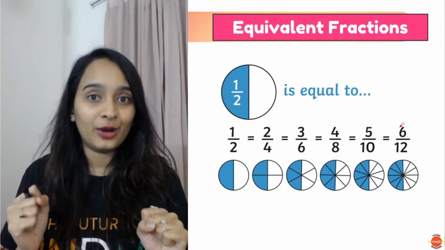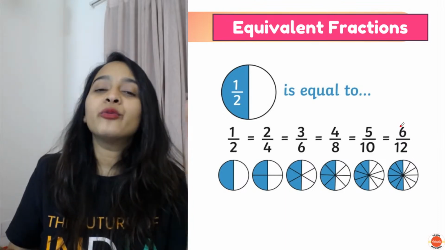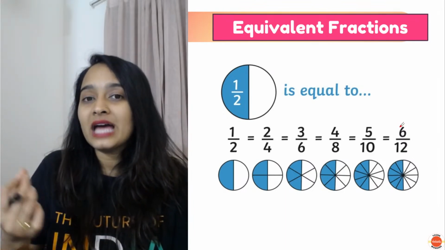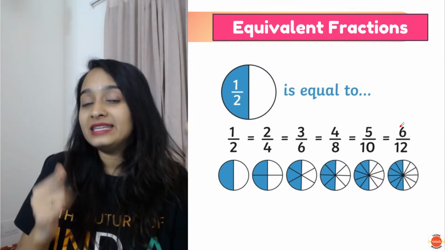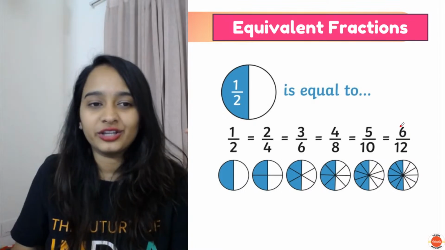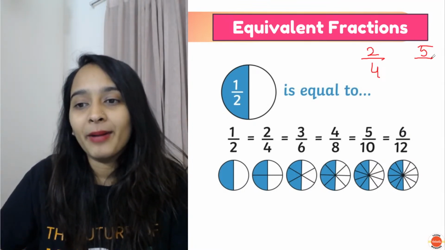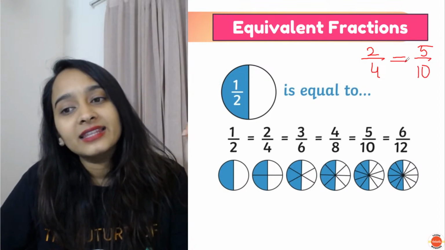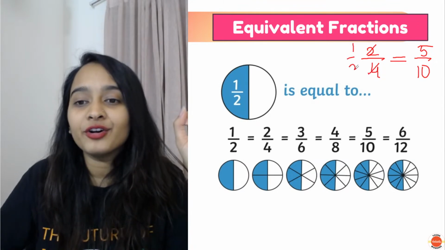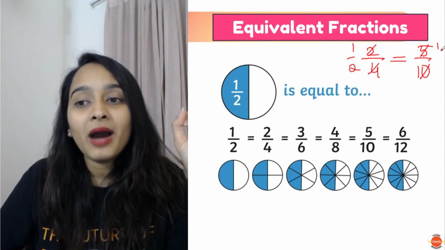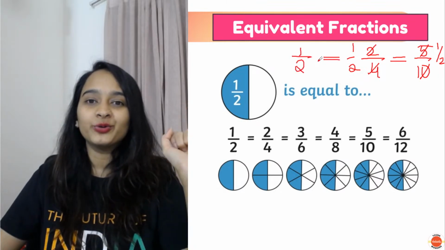Equivalent का मतलब क्या होता है? Equivalent is equal to each other, right? So when do you say that two fractions are equivalent? When they are equal. पर equal कैसे? ये कैसे पता चलेगा कि they are equal to each other? तो मैंने यहाँ पे लिया 2 by 4 and 5 by 10 and I'm telling that they are equal. क्यों? क्योंकि when I simplify them further, both of them are equal to the same fraction 1 upon 2. है ना?